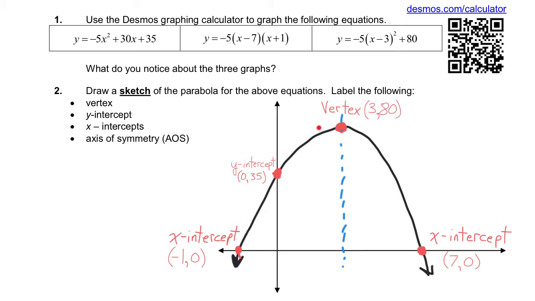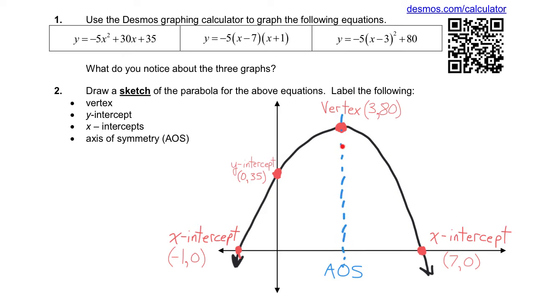A parabola is symmetrical on either side of the vertex, and that line that goes through the vertex is the axis of symmetry. And this axis of symmetry is a line, and just like any line, you can represent it with an equation. So the equation of this line, remember it's a vertical line, so the value of y can be anything, but x is only one value.